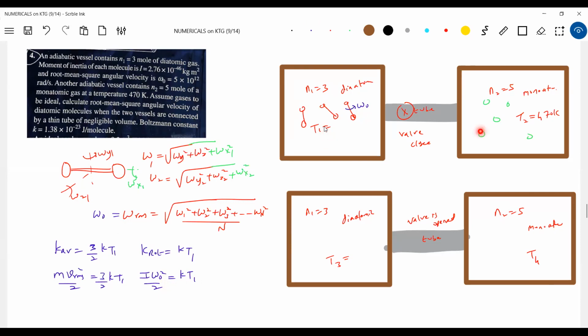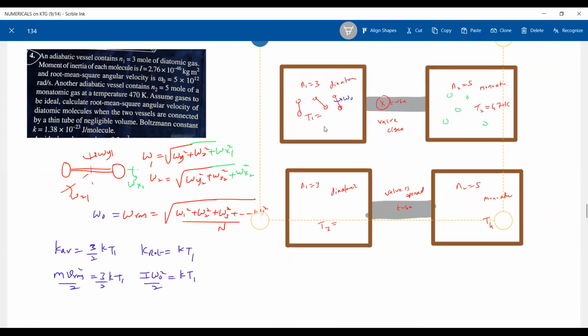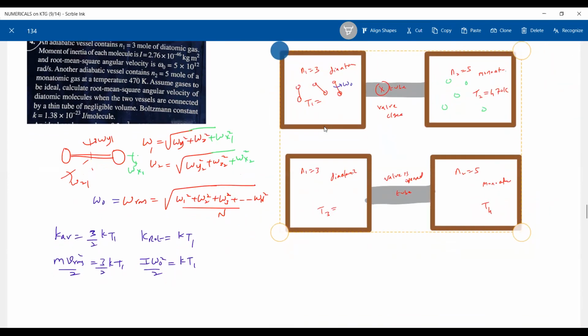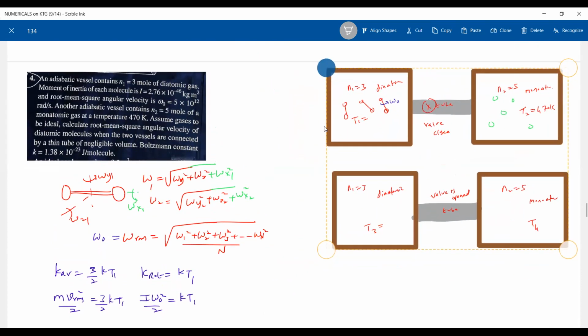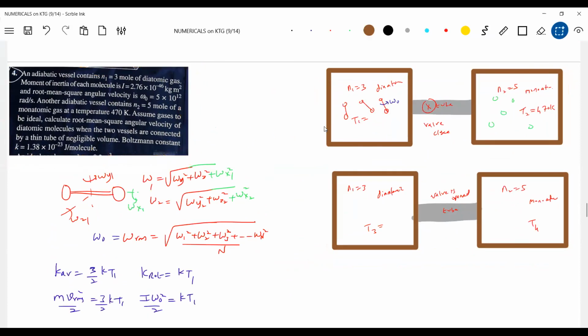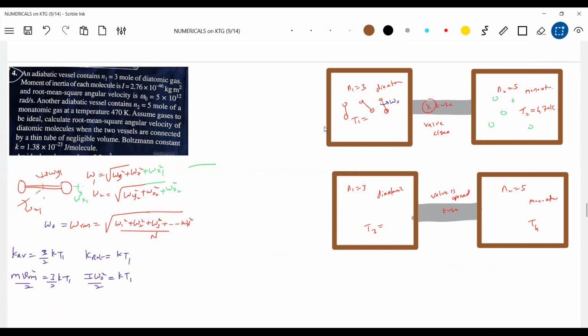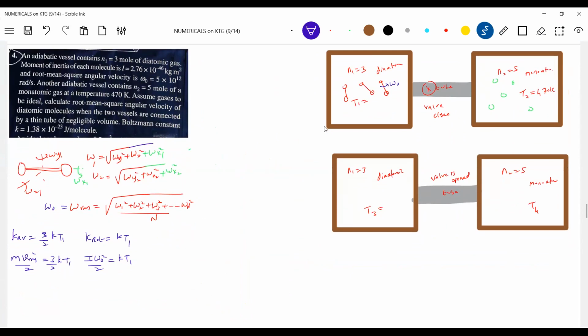Next, after this, I'll open the tube. So there will be an exchange of energy. Then due to exchange of energy, what conditions will further arise? Let me finish off the numerical here only. Okay, after this, what to do now? Can we apply conservation of energy, the total energy of the system should remain the same.